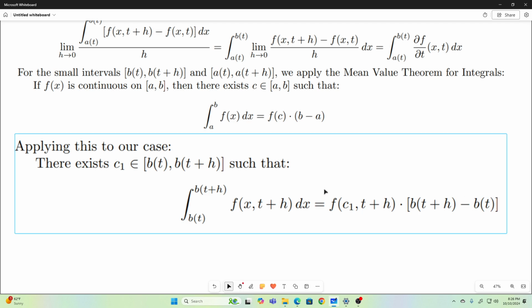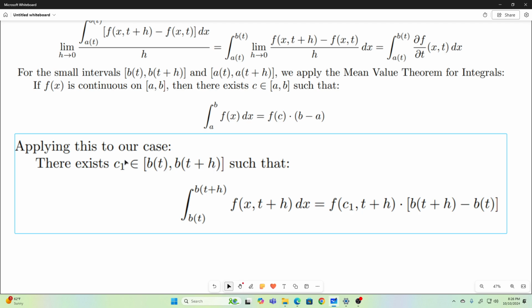Okay, now let's think about what C1 has got to be based on the fact that it has to exist on this interval. And don't forget, we're letting h approach 0. So what is our C1 going to approach?